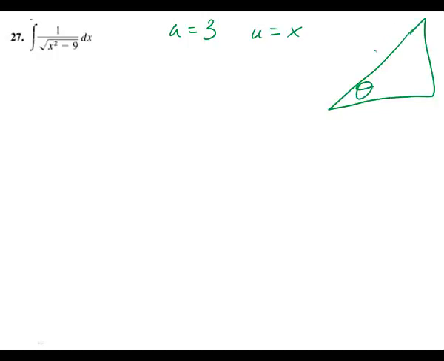Alright, what's going to go on the hypotenuse? X. And on the opposite leg? The radical, x squared minus 9. And then on the adjacent leg? 3. Good.